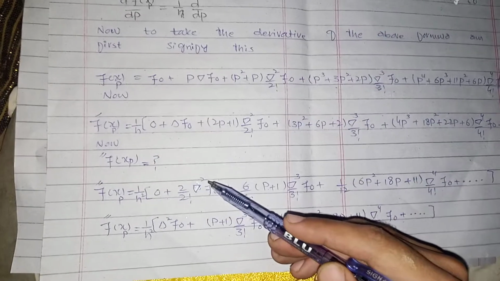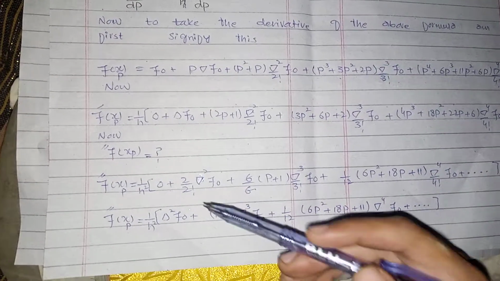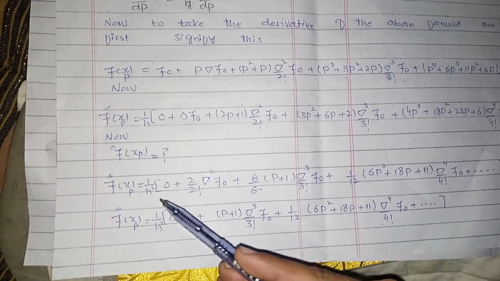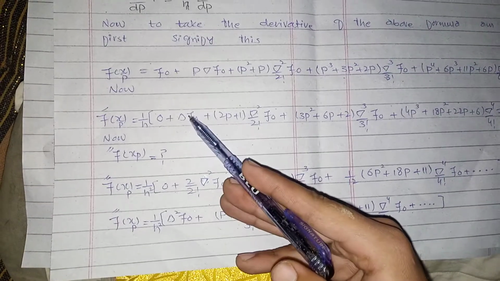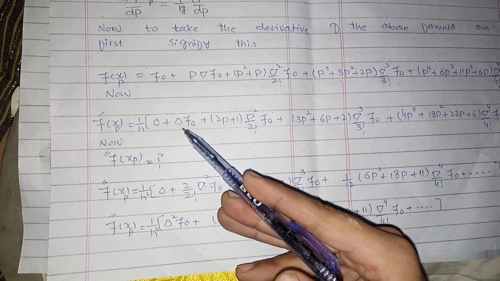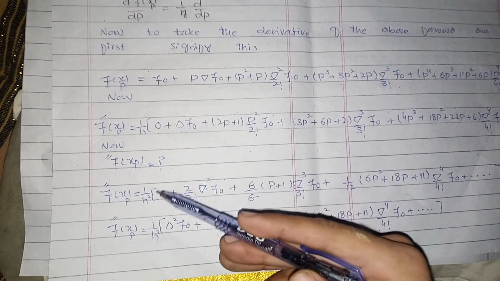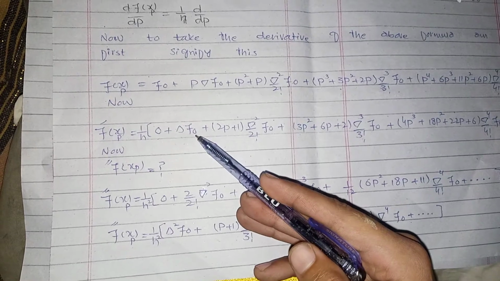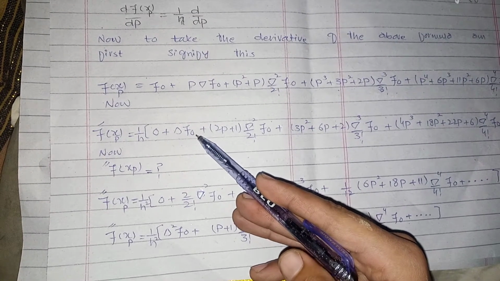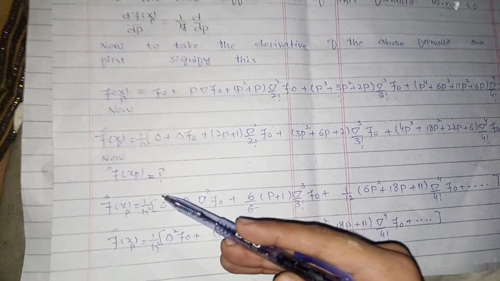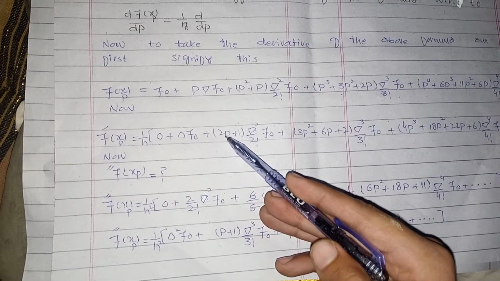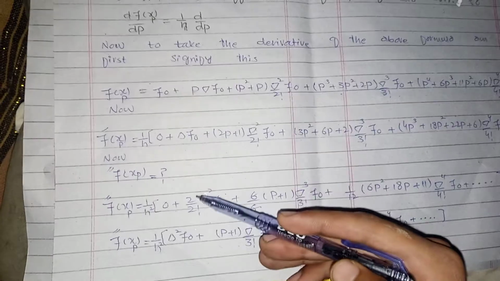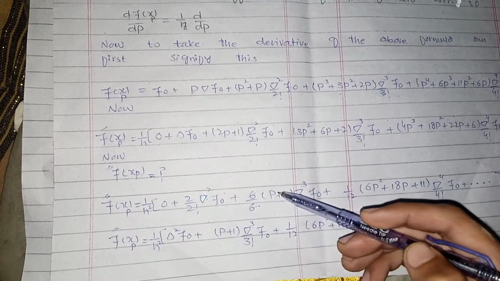Now I'm going to take the second derivative to get the second derivative formula of Newton backward interpolation. The derivative of this term gives 0, because you are taking the derivative with respect to p and there is no p, so we consider it a constant. From here, 2p becomes 2, which cancels with the 2 factorial.